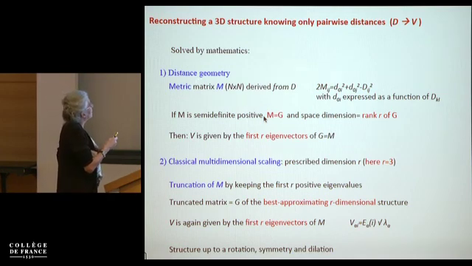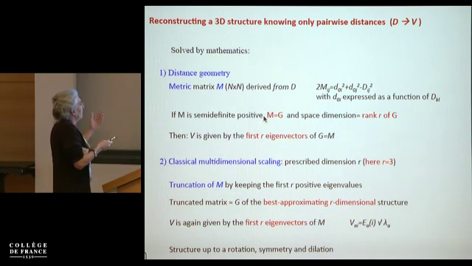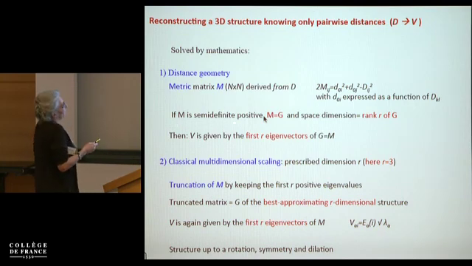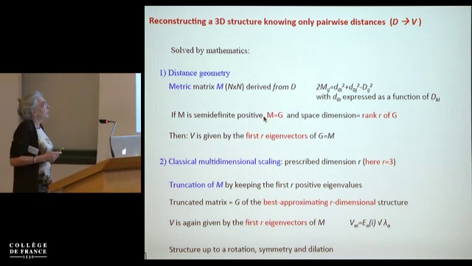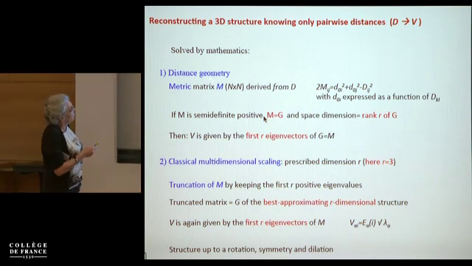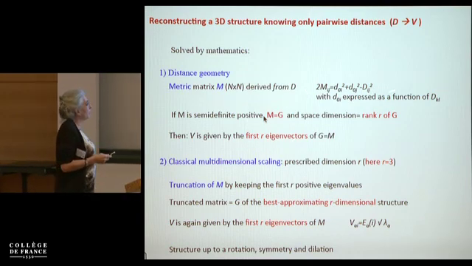You pass from the distance matrix to an intermediary matrix, which is a metric matrix with this complicated expression. And under this mathematical condition, meaning that the matrix has the specific property of being positive semi-definite, you can ensure that it is possible to reconstruct the Gram matrix, which happens to be simply equal to this metric matrix. So this is the first theorem, which is a real exact result.